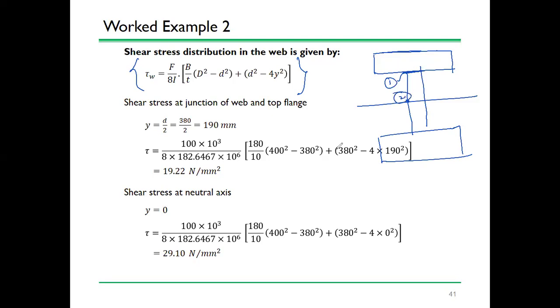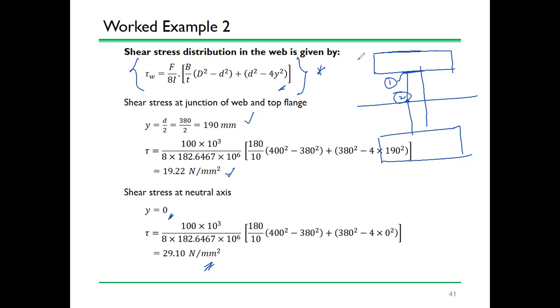So for the web, this part is simply d over 2. That will be 380 over 2, and that is 190. So you substitute 190 into this equation with all the other parameters, and then you generate this answer. For shear stress at the neutral axis, y is 0, right? So put 0 into this equation and generate this value.